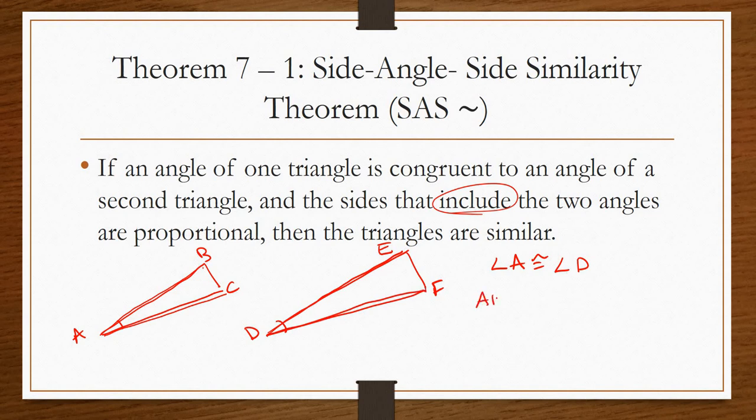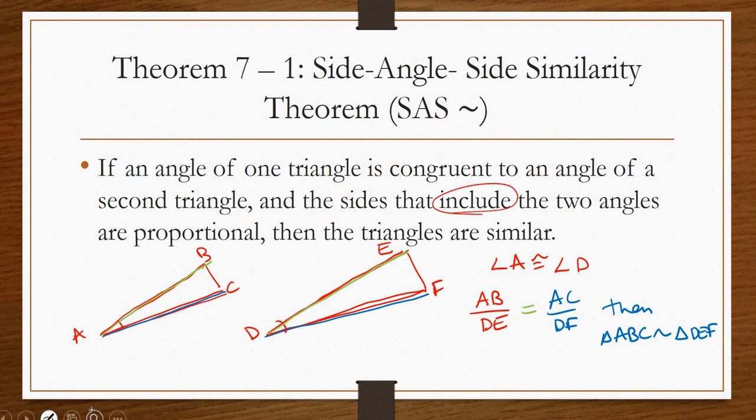So if AB over DE, because those are our similar sides, is proportional to AC over DF, in other words, if side AB over DE is proportional to AC over DF, then triangle ABC is similar to triangle DEF. Okay?